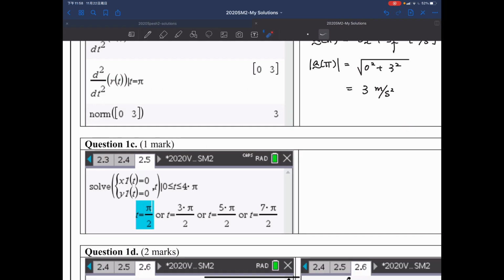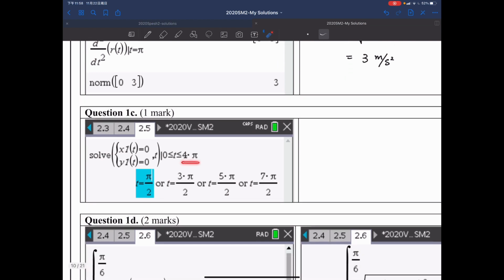So here I actually covered 2 cycles. The first 4 solutions are these solutions. So the first value is just t equals pi on 2 for x to be 0 and y to be 0. Very easy.